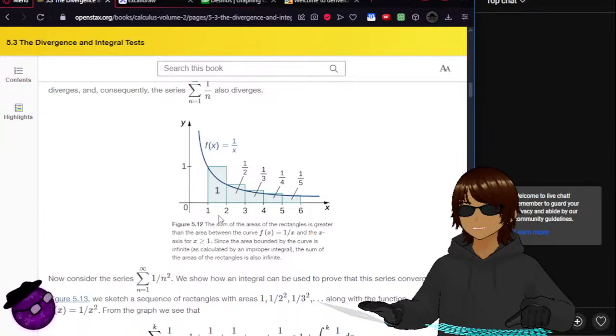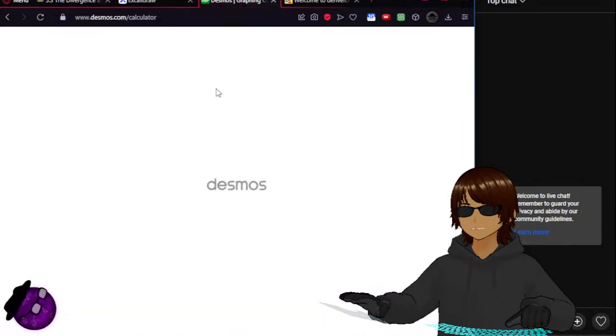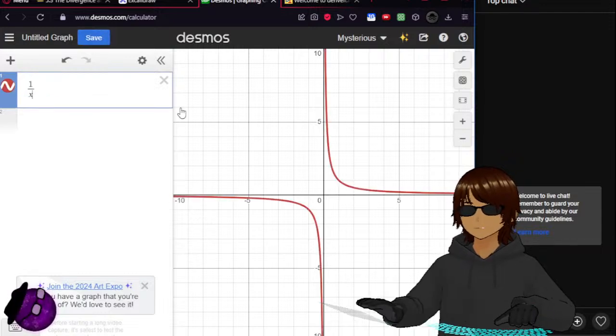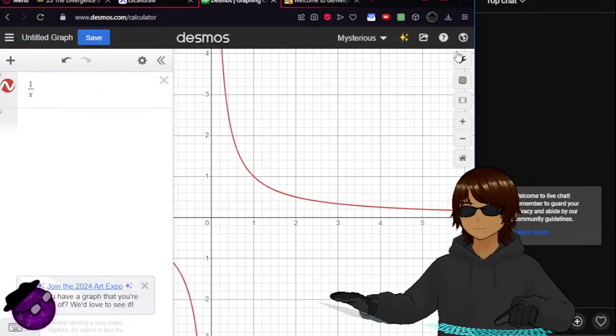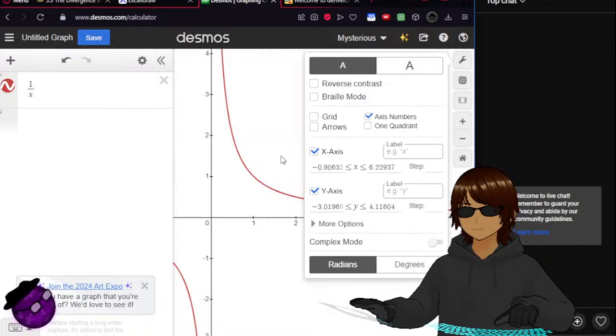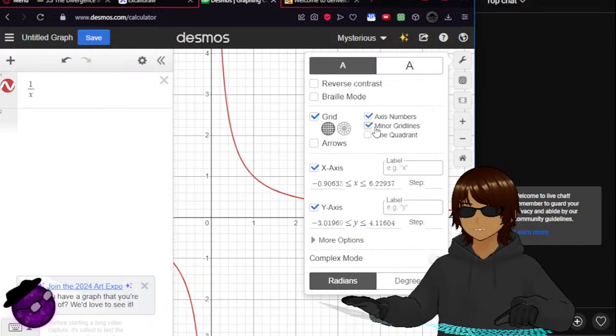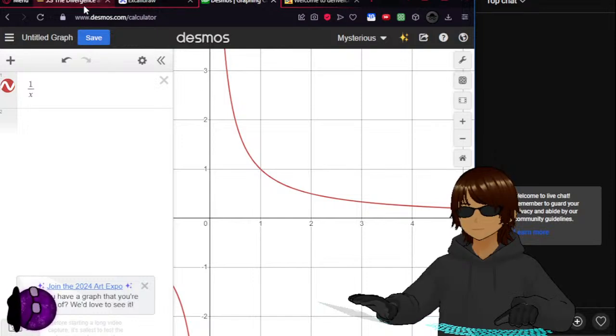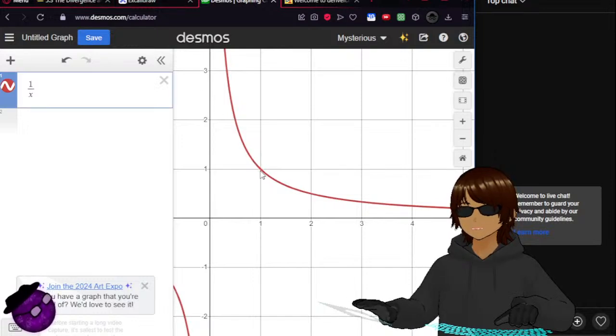Oh, I see. This area over here. We're taking the area of squares. Actually, keep the grid. When x is 1, y is 1, x is 2, y is half, x is 3, y is 1 over 3.